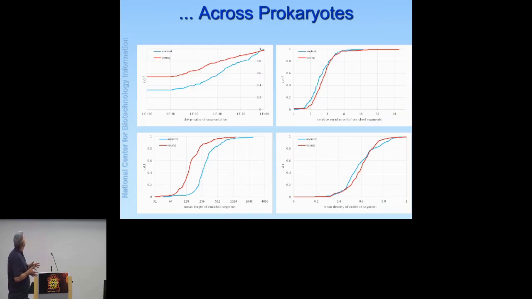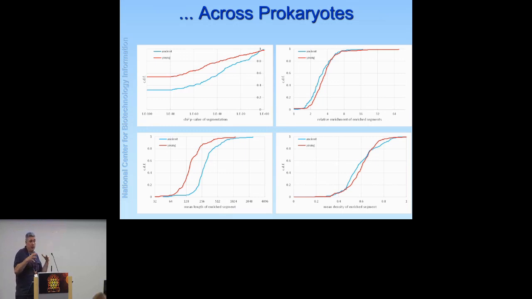We have 175 genera. You see that for the overwhelming majority of genera, these are cumulative distribution functions. You have highly significant segmentation. You have typically relative enrichment between 2 and 4.